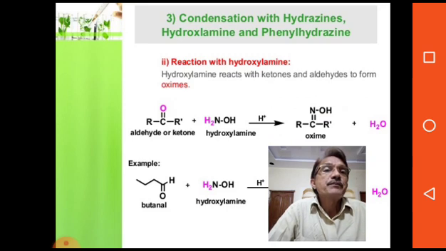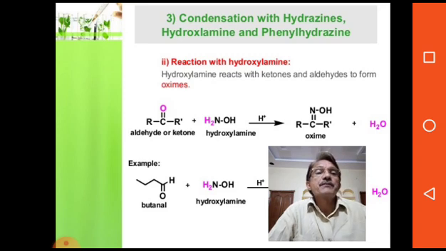Reaction with hydroxylamine, NH2-OH. It's a derivative of ammonia. Hydroxylamine reacts with ketones and aldehydes to form oximes.